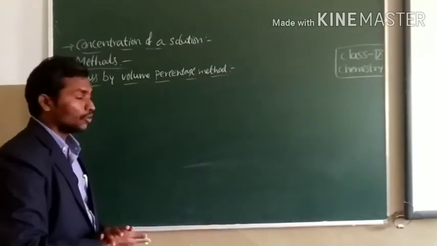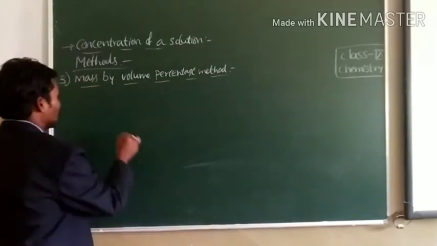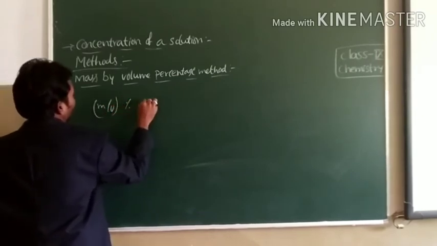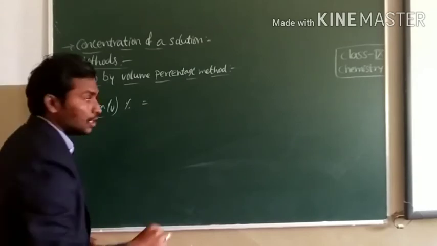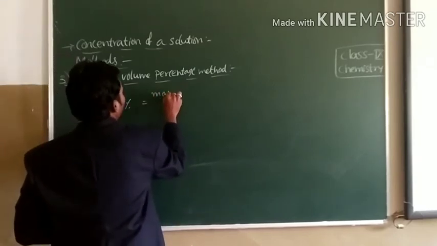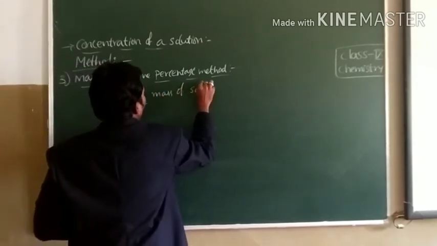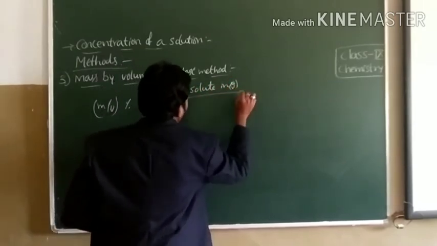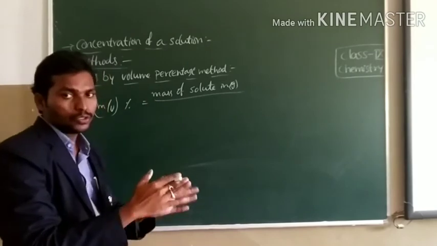Let's see the formula of mass by volume percentage method, or weight by volume percentage method. In this method, mass of the solute is expressed in grams and volume of solution is in ml.